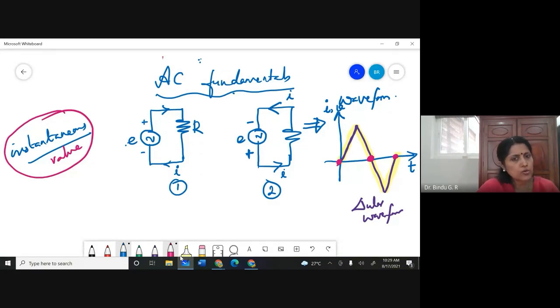I am just saying quantity because it could be a voltage or a current. So here I have i, e, etc. Instantaneous values are usually denoted by small letters.